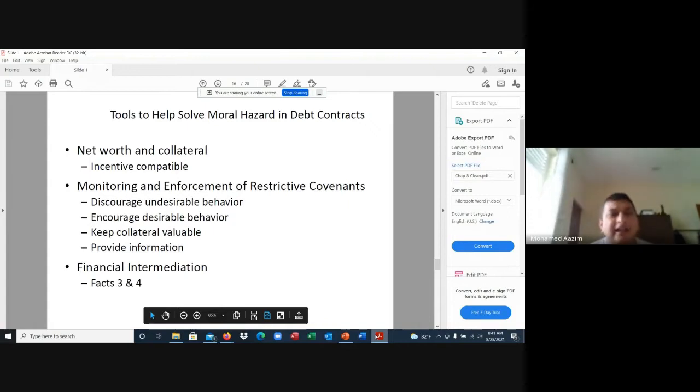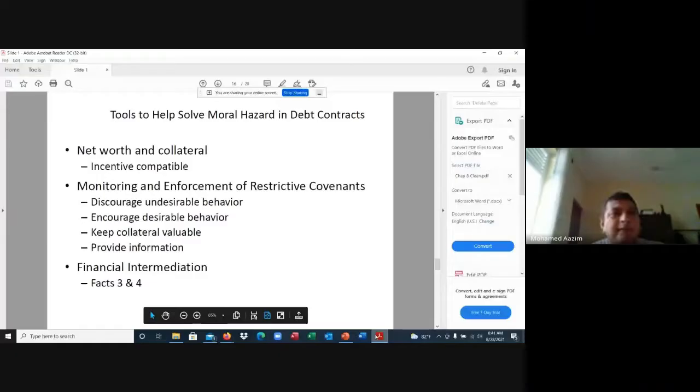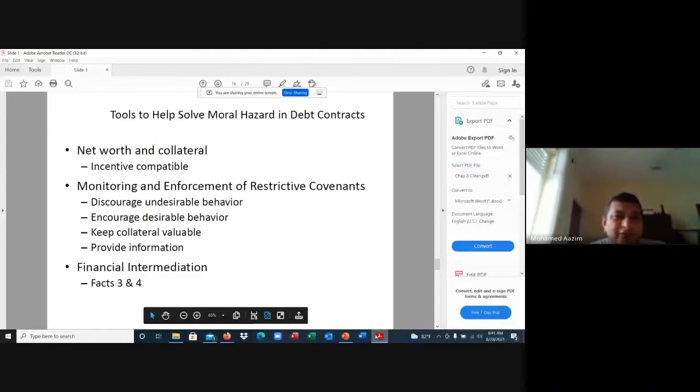And then monitoring and enforcement. This is costly. Even if you employ, let's say, the police or anything, it is costly. Monitoring, either you employ expertise or you establish additional resources, that is costly. But those arrangements will discourage undesirable behavior and encourage desirable behavior.